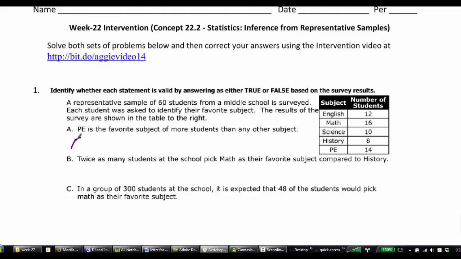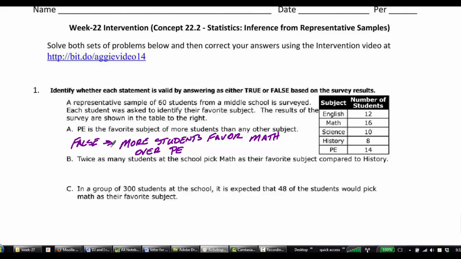So this statement would be false, because if this is a representative sample, and they're telling us that it is, more students favor math over PE. There are more students who pick math as their favorite than pick PE.